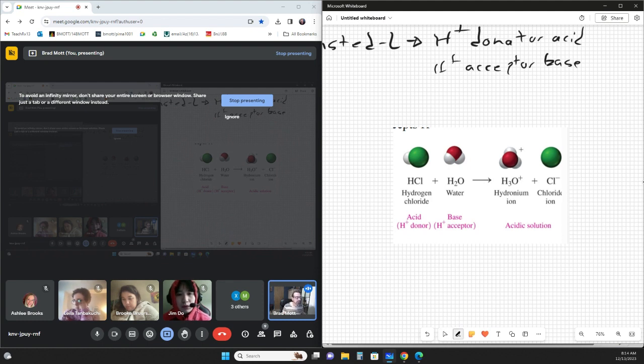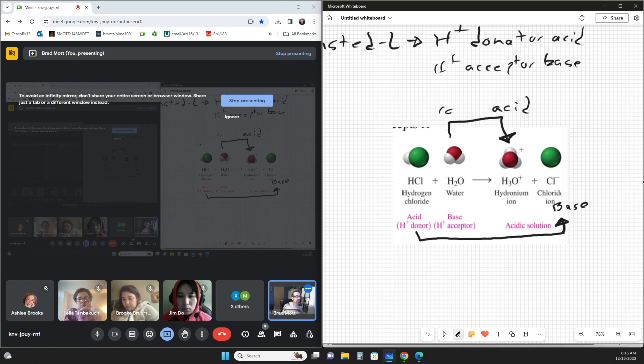So we have the Bronsted-Lowry acid here and the Bronsted-Lowry base. Okay. So what that sets up is that you have on the other side the conjugate acids and bases. So now chloride becomes the base. Okay. And hydronium, H3O, is the acid. So we have the conjugate acids and bases balancing out the equation. Okay?